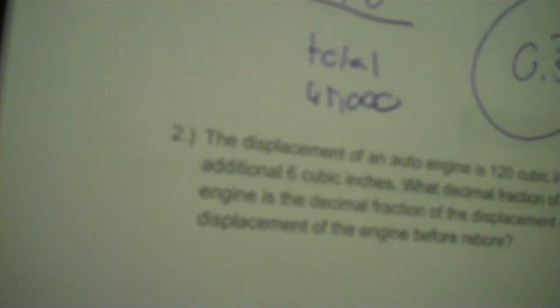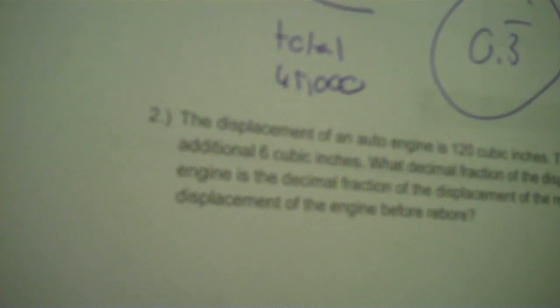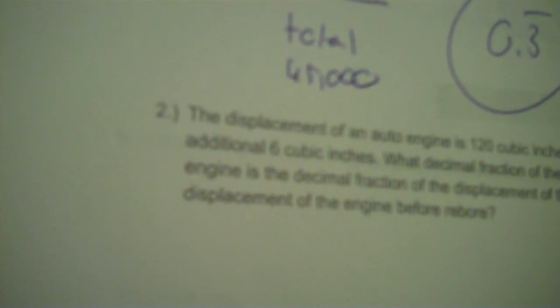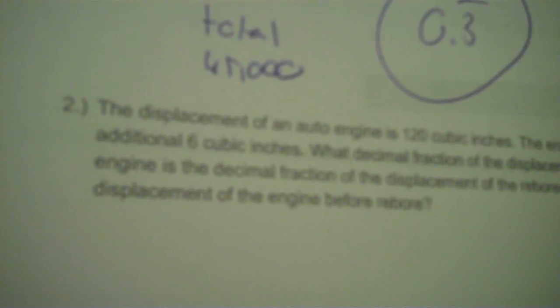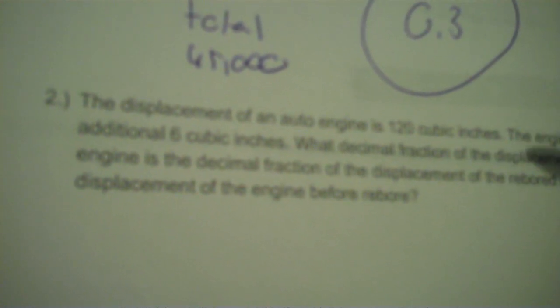The displacement of an auto engine is 120 cubic inches. The engine is rebored an additional 6 cubic inches. What decimal fraction of the displacement of the rebored engine is a decimal fraction of the displacement of the rebored? Okay, I wrote this like an idiot.